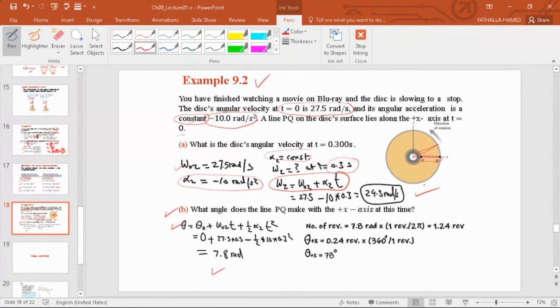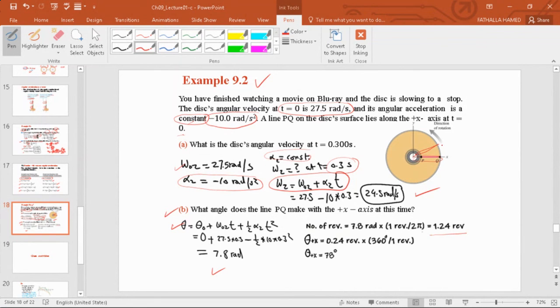Okay. So you know that one revolution is 2 pi. So if you look at the number of revolutions here, 7.8, and you divide that by 2 pi, this basically gives you 1.4 revolutions.